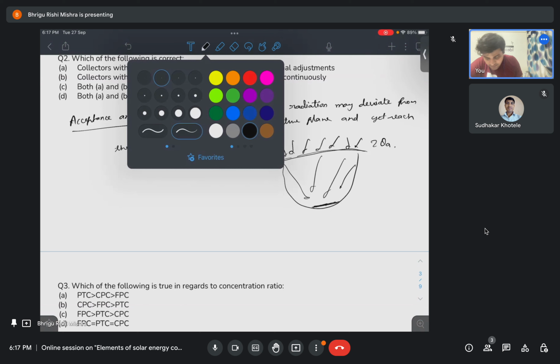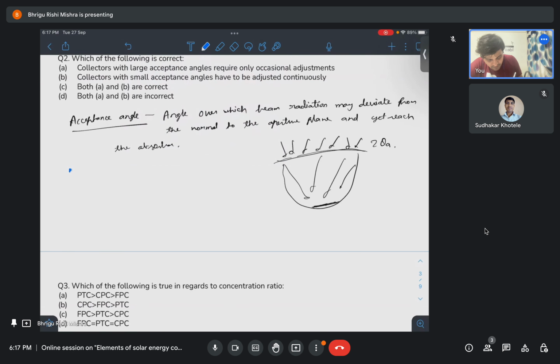So all radiation incident within the acceptance angle is reflected to the receiver.